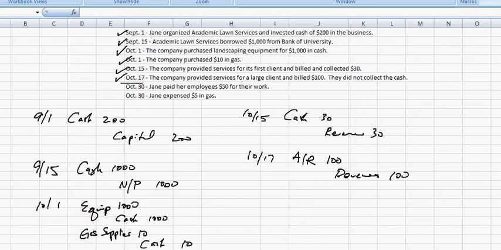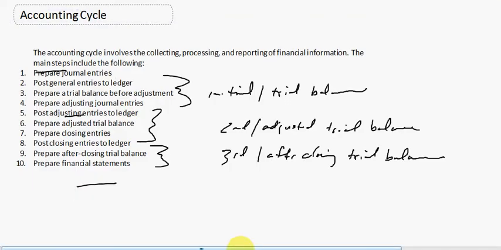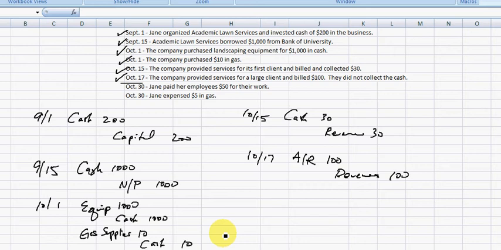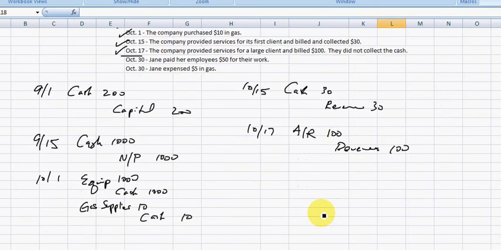So let's go back here. What we did was we just prepared our journal entries. Now we're going to post our journal entries to the ledger. What we're simply going to do is take the journal entries that we made. So the first one was on 9/1.